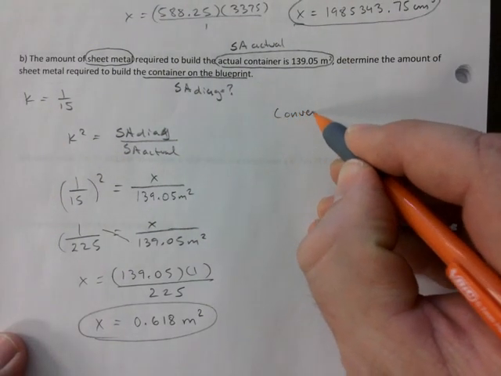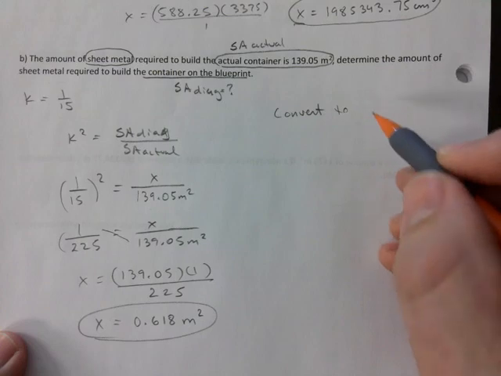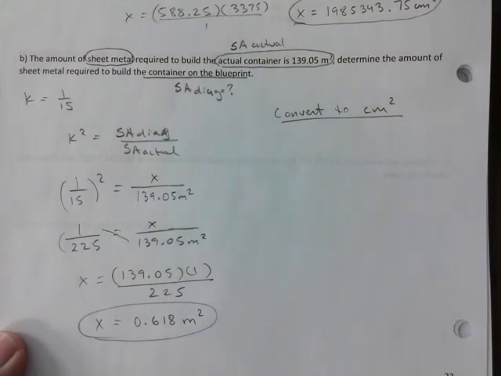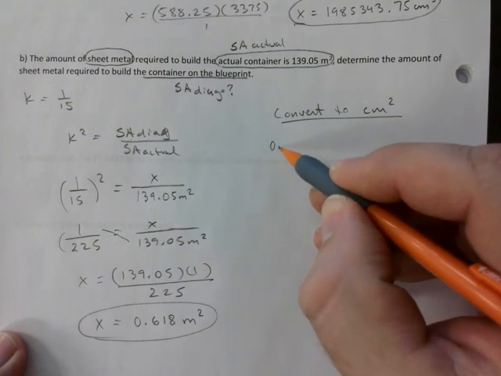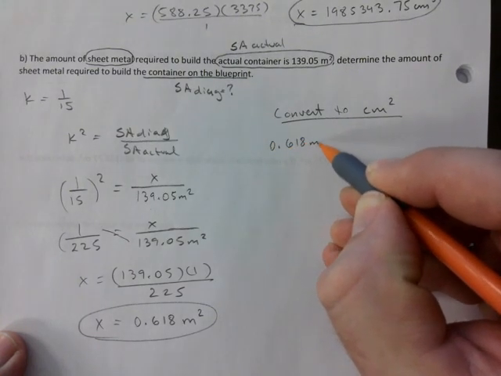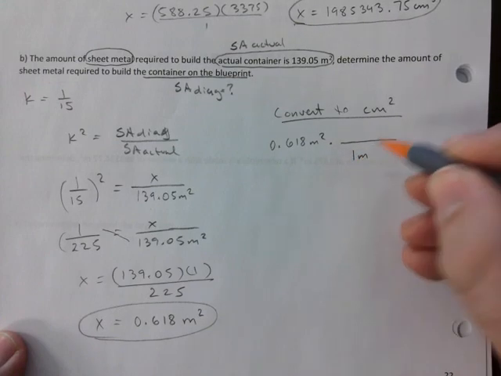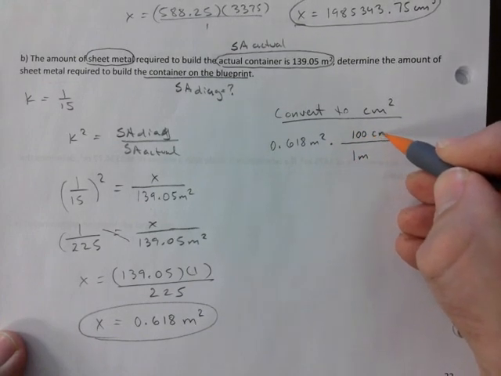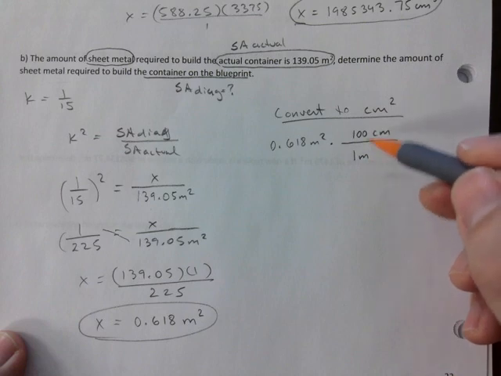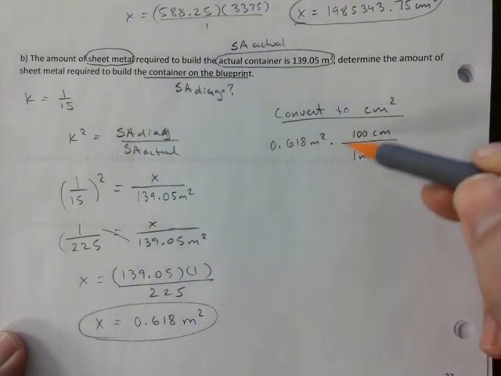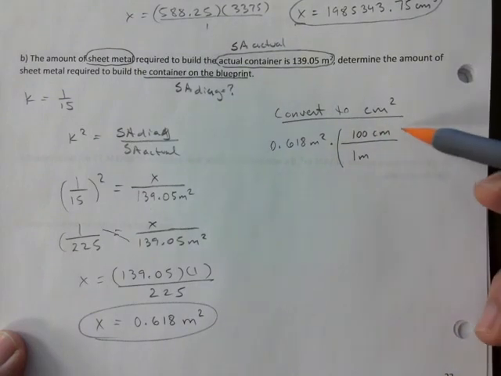Convert, you can add this, convert to squared centimeters. If I asked you to do that, we take this 0.618 squared meters, and we know that 1 meter has 100 centimeters. We can't just do that, remember? We can't just cancel. What do we need to do to this ratio? We need to square it.